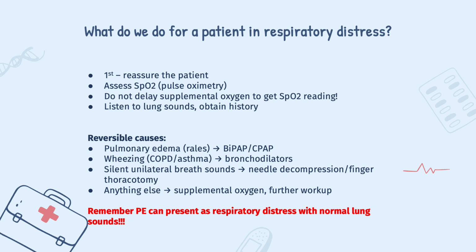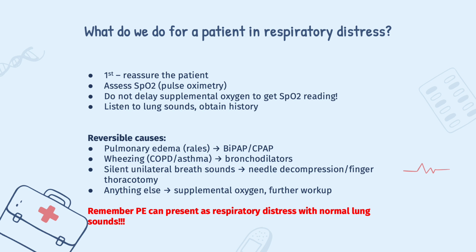Very quickly assess their O2 sats. Don't delay giving oxygen when the sats are supporting that. Listen to the lung sounds, get your history, and certainly eyeball your patient for any signs of work of breathing.